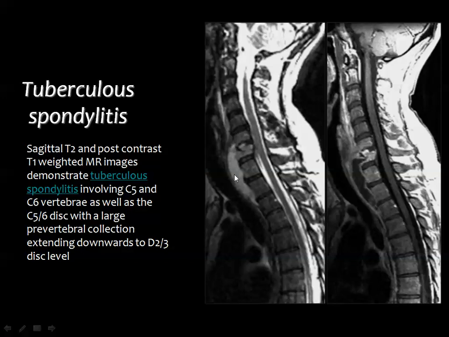This is a T2 weighted image, and this is T1 post contrast. You see enhancement of the inflammatory tissue and the presence of a prevertebral retropharyngeal abscess cavity, which is of bright signal in the T2 and shows marginal enhancement in the post-contrast image.